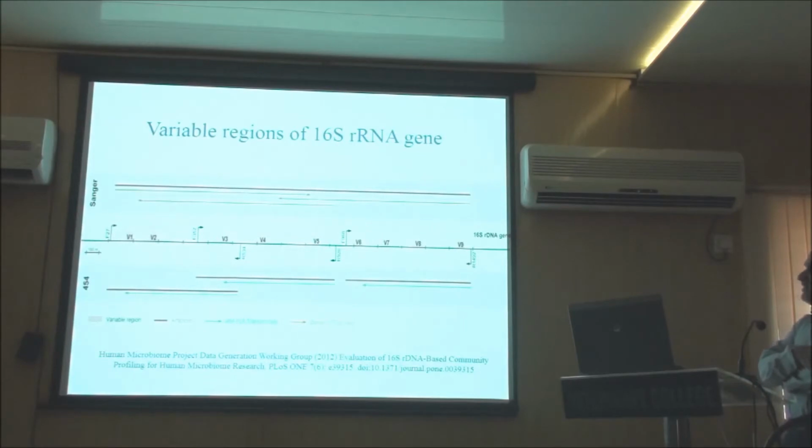So it's your choice which hypervariable region you want to amplify, because this is necessitated by the limitations of NGS technologies. With NGS technologies, there is no way you can have the entire 1500 base long molecule sequenced in one go. What you can do is sequence only shorter regions, minimum 100 to maximum 400 to 500 bases.